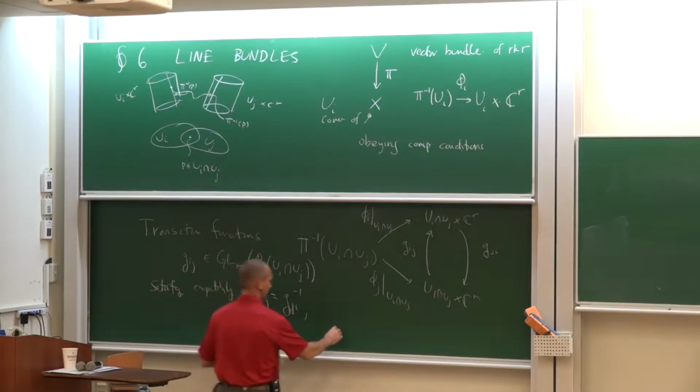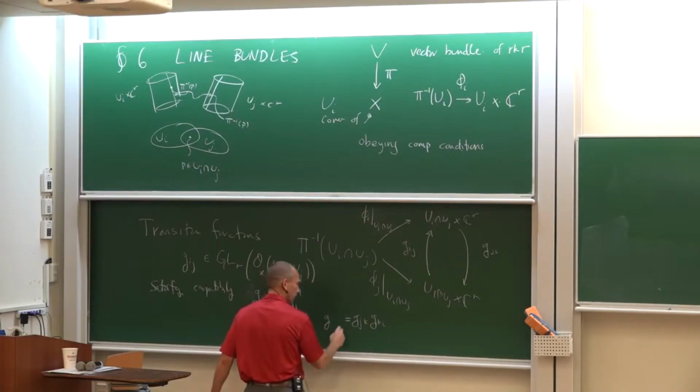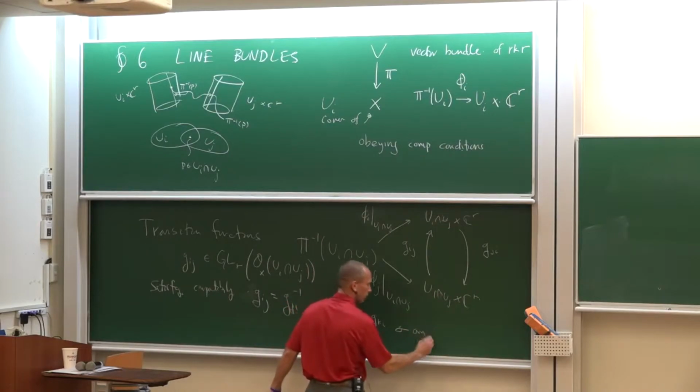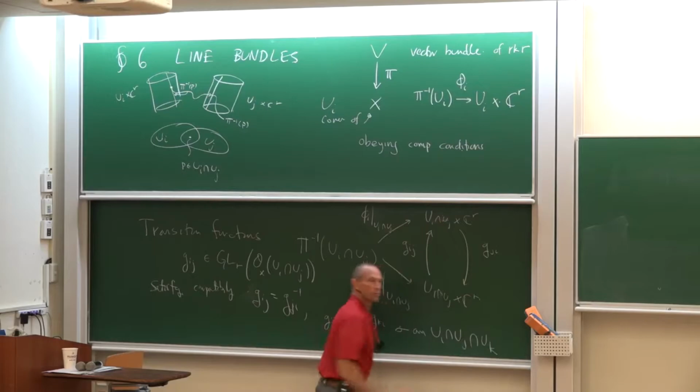So the composition condition is that if I go from g_ik, so I go from chart i to chart k, and I go from chart k to chart j, this is going to be the same thing as going from g_ij, and these are on the triple restriction, U_i intersect U_j intersect U_k. Everybody's with me on this, right?